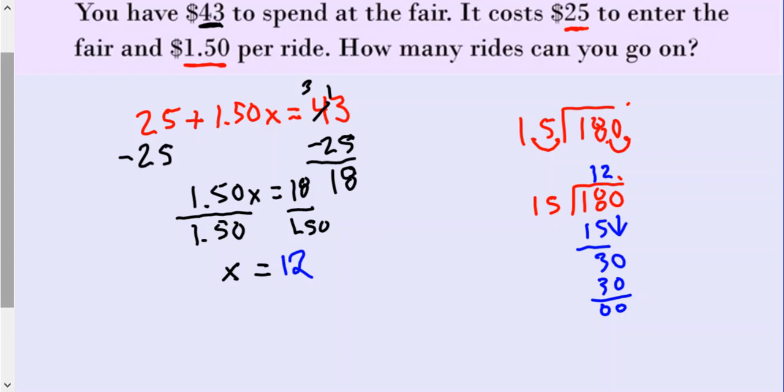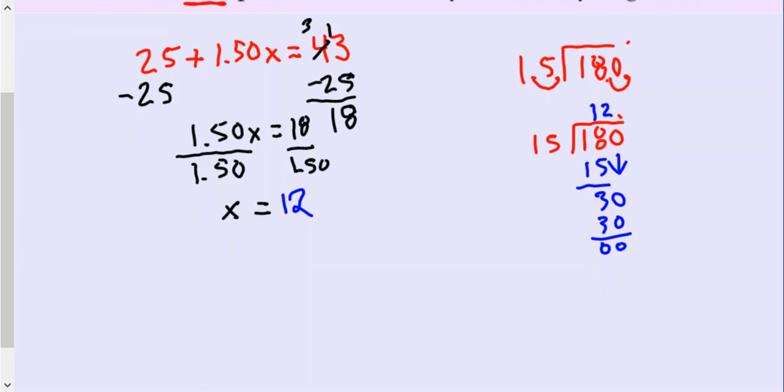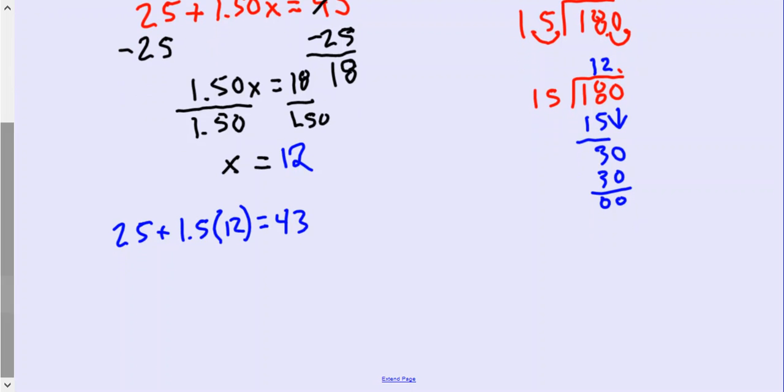Now, in preparation for going to the fair, I want to check to make sure that I can really go on 12 rides. So I'm going to plug this back in and make sure that I'm correct. So we get 25 plus 1.5 times 12 equals 43. Checking, we'll do this multiplication first. 1.5 times 12.